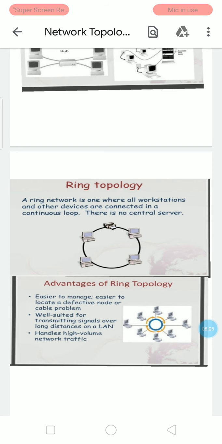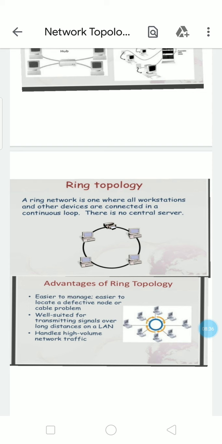It has no terminated ends, that is, each node is connected to the other node and has no termination end. The data in a ring topology flows in a clockwise direction. In a ring topology, a token is used as a carrier. Token means it is a frame that circulates around the network.